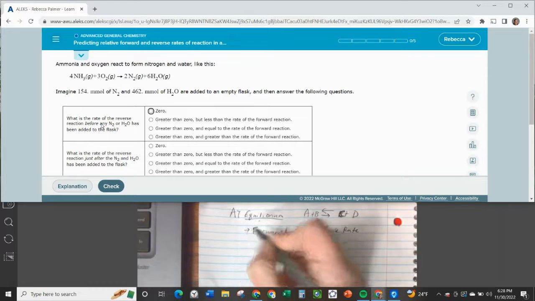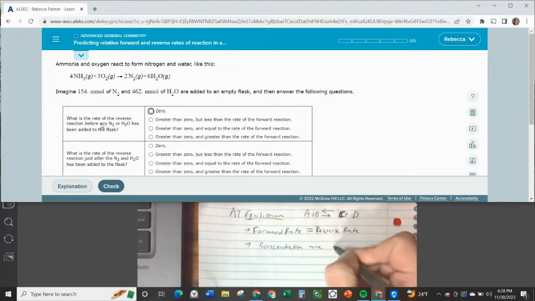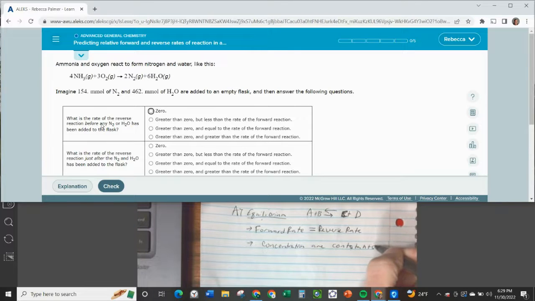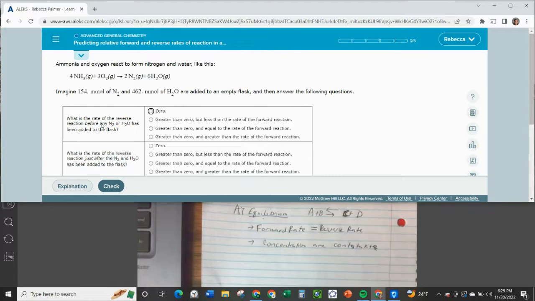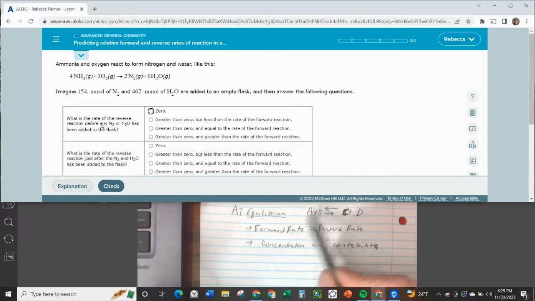The other thing that's happening at equilibrium is the concentrations are constant. Sometimes it gets confusing because we think that equilibrium means they're equal. No, they're not equal. It just means they're interconverting at an equal rate, so their concentrations stay the same.